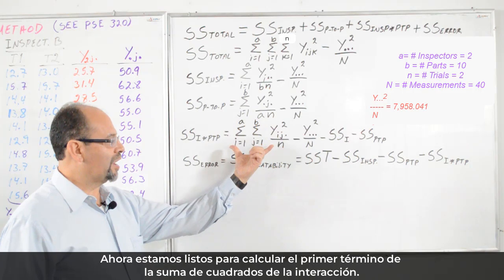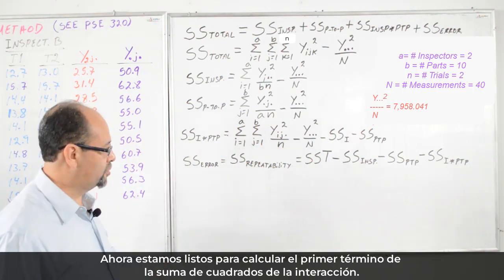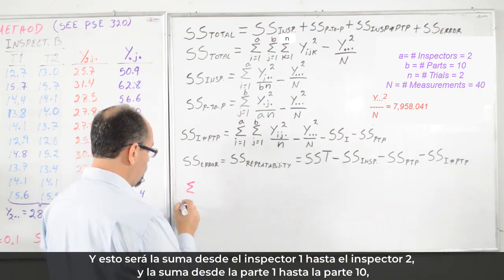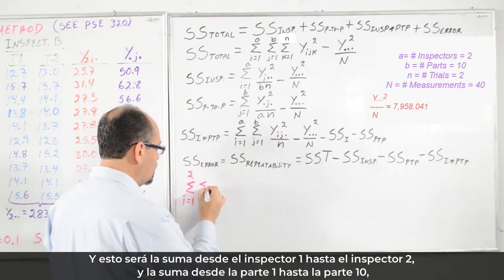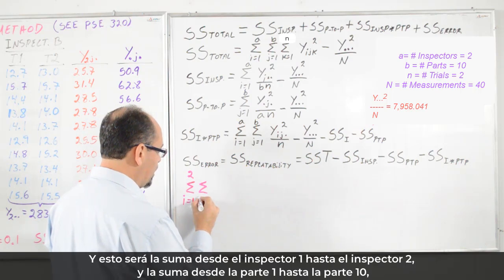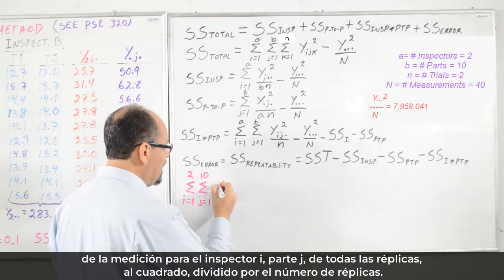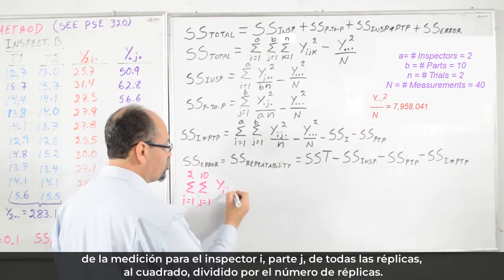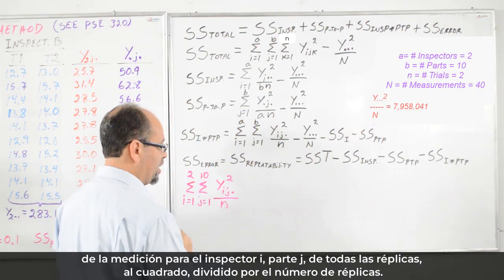Now we are ready to calculate the first term for the sum of squares of the interaction. And that will be the sum from inspector 1 to inspector 2 and the sum from part 1 to part 10 of the measurement for inspector I, part J, all the trials, squared divided by number of trials.